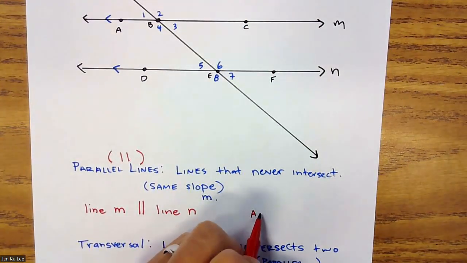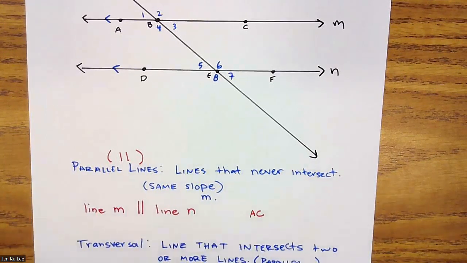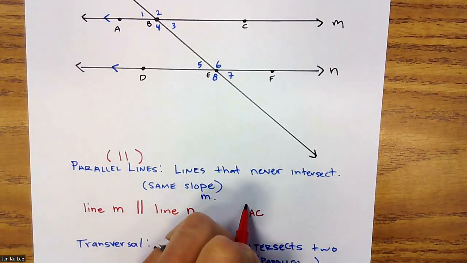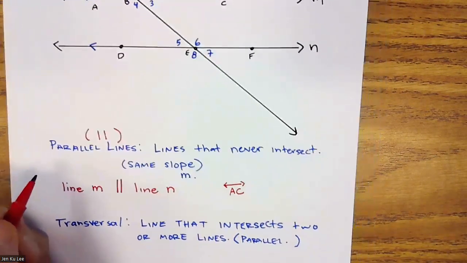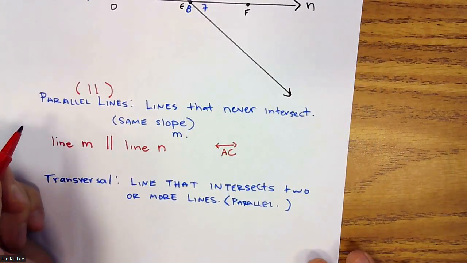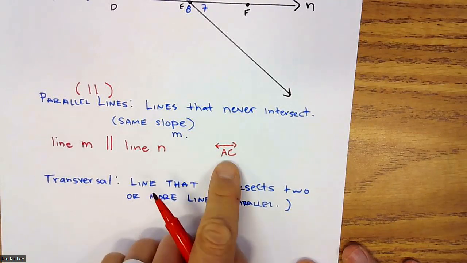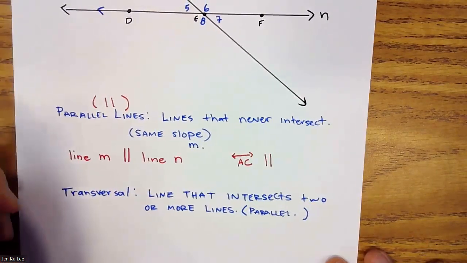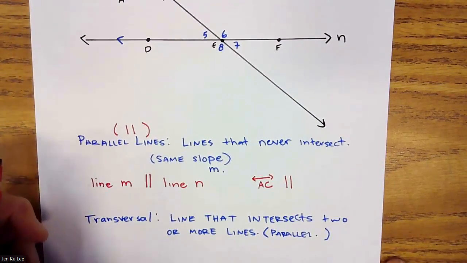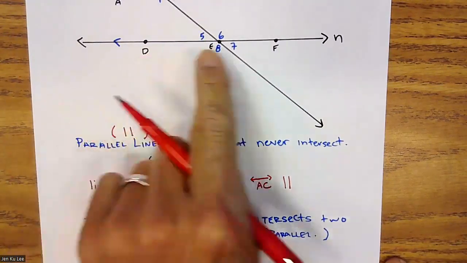Okay, so I would write AC, and on the top of AC, I would have a miniature line, signifying that it's a line. Okay, so line AC is parallel, again that symbol to signify parallel, to DF.